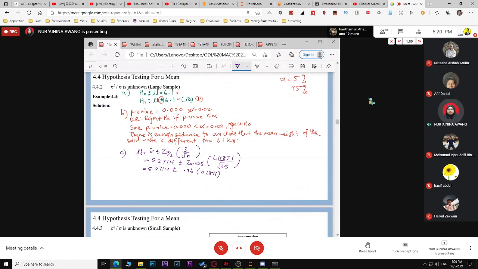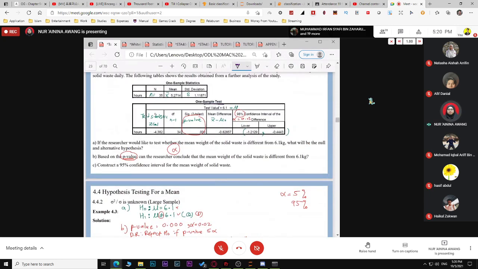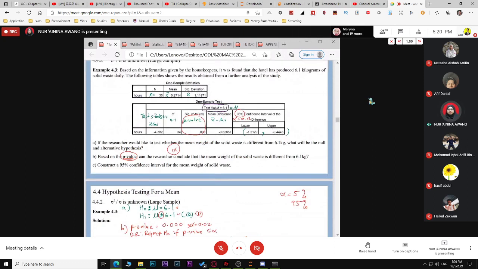In this case, when you get this, the lower limit is 4.9008, and the upper limit is 5.6420. But you must be careful since in this output we have the test value. If you look at this output, it says test value is equal to 0, no problem.